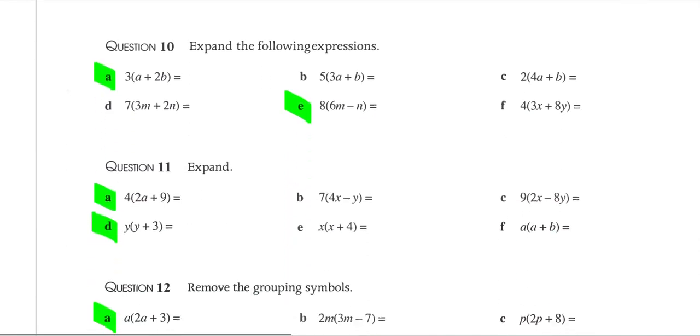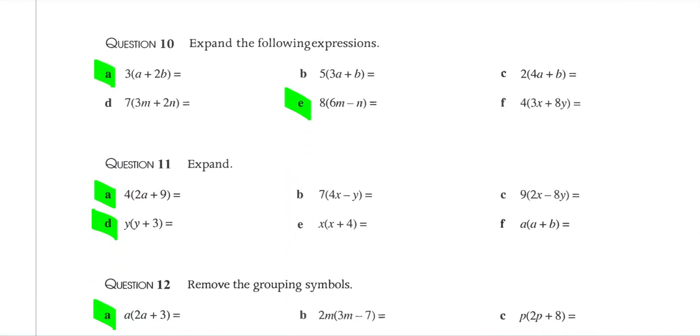All right, next. This is our expanding. Lots of expanding down here. Expanding means that we want to get rid of the brackets. The question will always tell you to do it. So see, expand, or remove the grouping symbols. That means expand. Okay? So whatever is at the front of the bracket, you want to times into each thing inside the bracket.